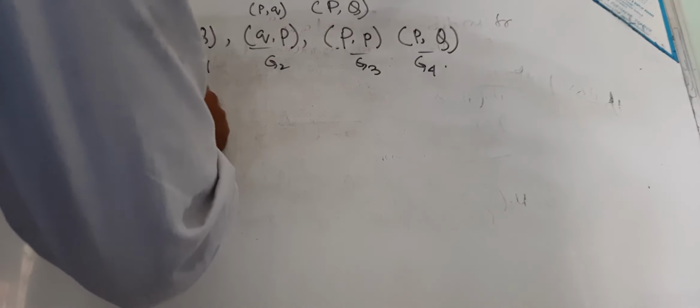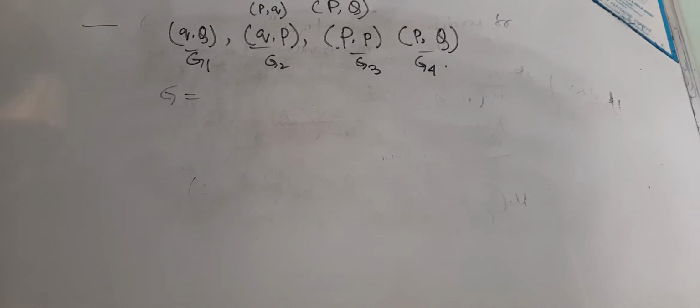So how is it? Let us take the first one. G equal to G1 of small q1, q2 up to qn, and capital Q1, Q2, up to Qn, and t.